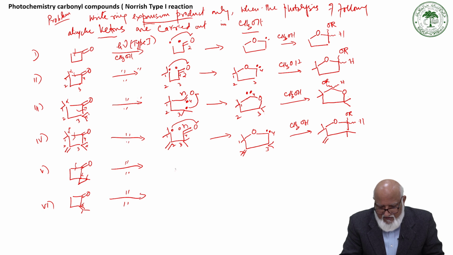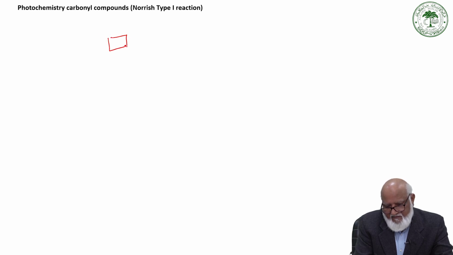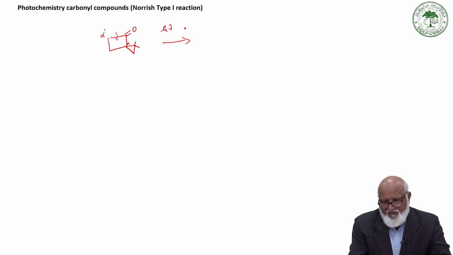If we cleave this, let us see, this one is the more proper way. The dimethyl group. Let us say this is alpha, this is alpha dash.